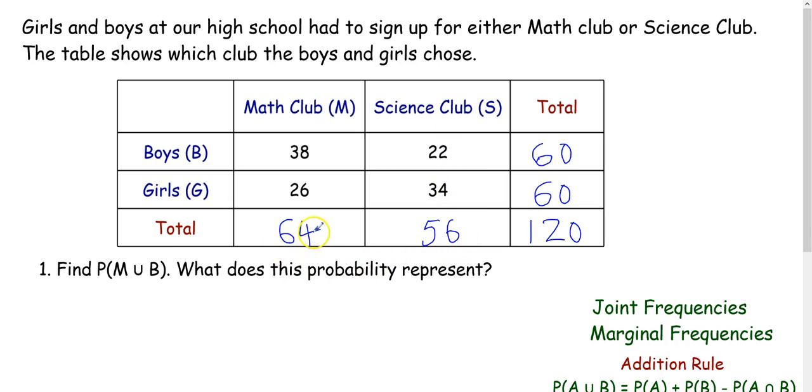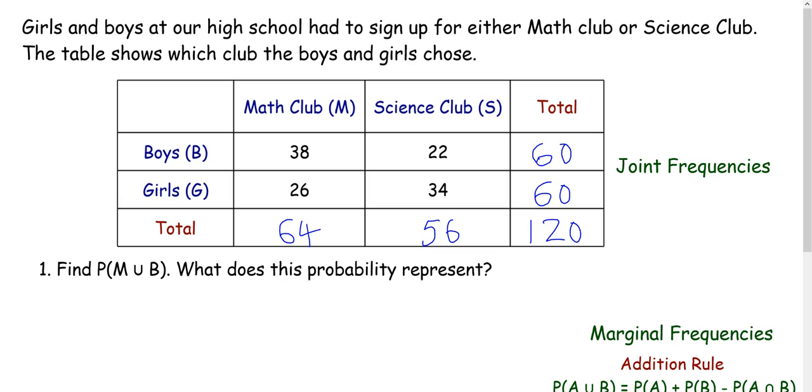Now, let us add it in the horizontal way. That is 64 plus 56, which gives you 120. The vertical totals and the horizontal totals are just the same, 120 and 120. Now the numbers 38, 22, 26 and 34 are called joint frequencies.